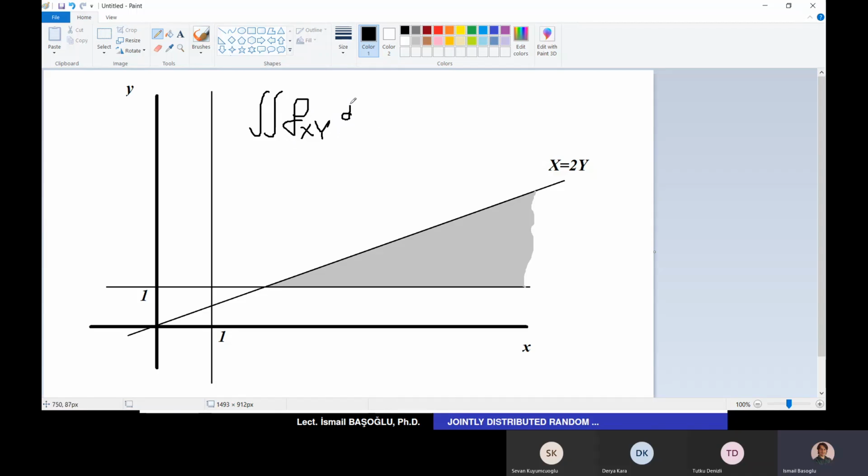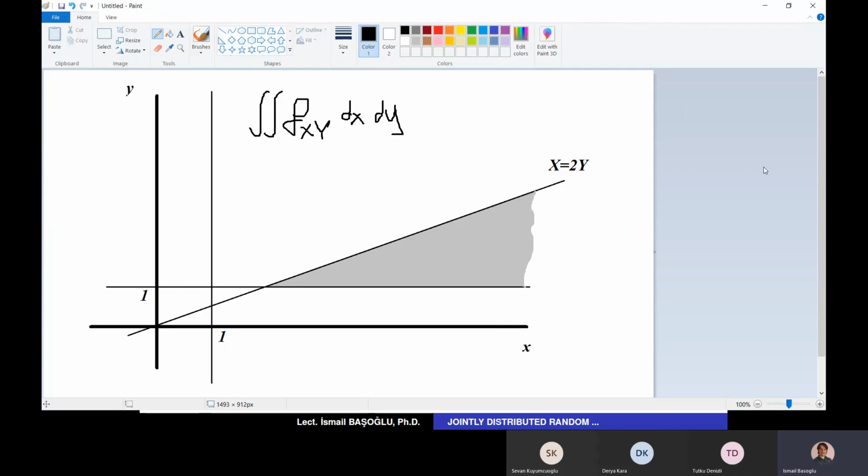Let's just say I am going to integrate the inner integral with respect to x and the outer integral with respect to y. Now in that region, the least and the maximum possible values y can take are from 1 to infinity.